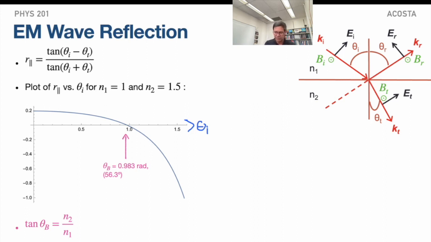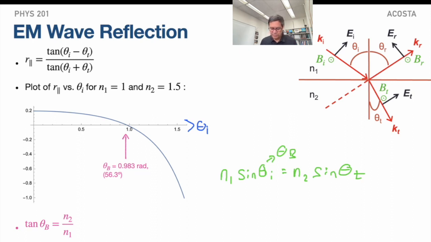Now just to emphasize where that's coming from, that's just coming from Snell's law. Right? So we had n1 sine theta I equals n2 sine theta t. And theta I, we can just let this equal the Brewster angle that we're trying to solve for.